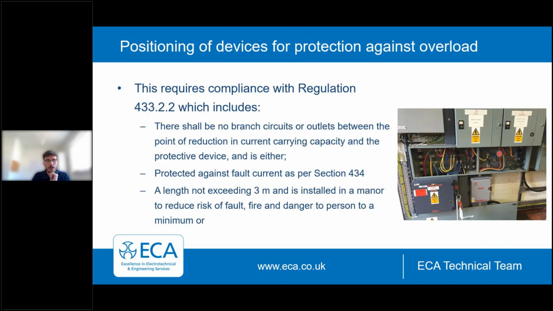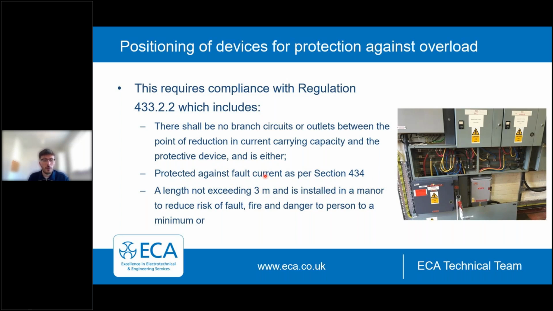Then, probably the best example, tapping off the busbar chamber to the right of our screens here, we can see there is a reduction in current carrying capacity. These cables look considerably smaller than the ones here at the origin. And these cables then come off into some 100 amp fuses. So we've gone from a 200 amp supply, suitably sized cable, smaller cables, 100 amp fuses. So we've essentially placed these fuses downstream of where the reduction in CSA has occurred.